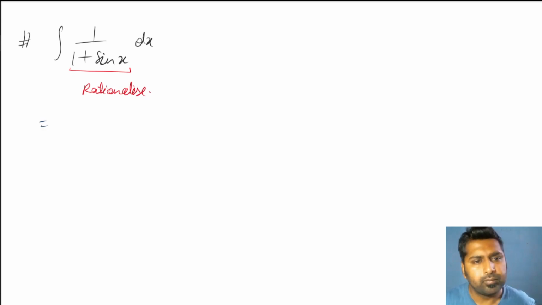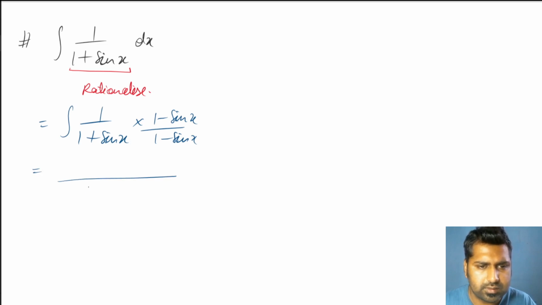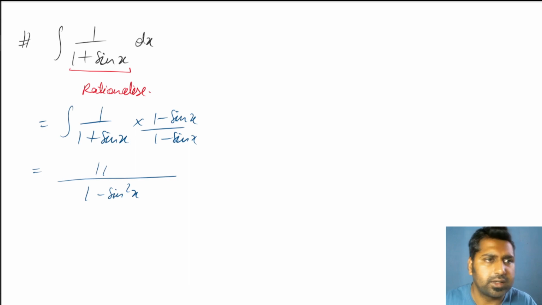Let's see. So this is integration 1 upon 1 plus sine x into 1 minus sine x into 1 minus sine x. Okay. So this becomes 1 minus sine square x, numerator becomes 1 minus sine x dx.